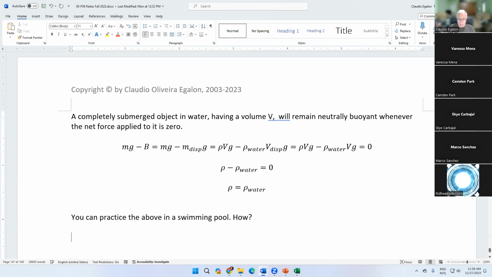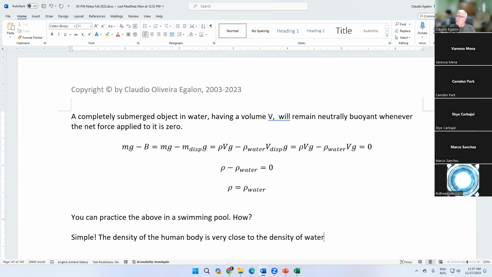Well, simple. The density of the human body is very close to the density of water.